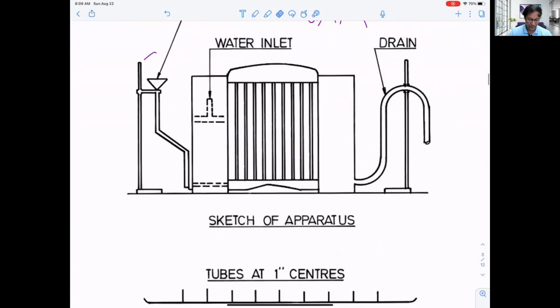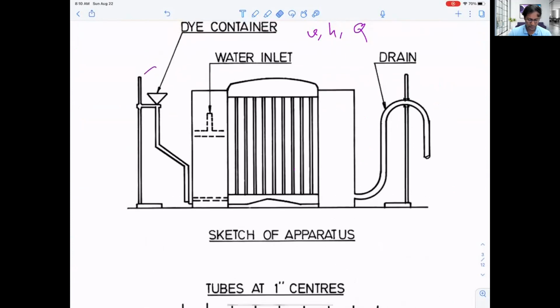So here we have 1, 2, 3, 4, 5, 6, 7, 8, 9. We have 9 tubes inserted at the top of the varying cross section. The tube is like this. What we will measure, we're expecting from the theory that this section is bigger than this section.